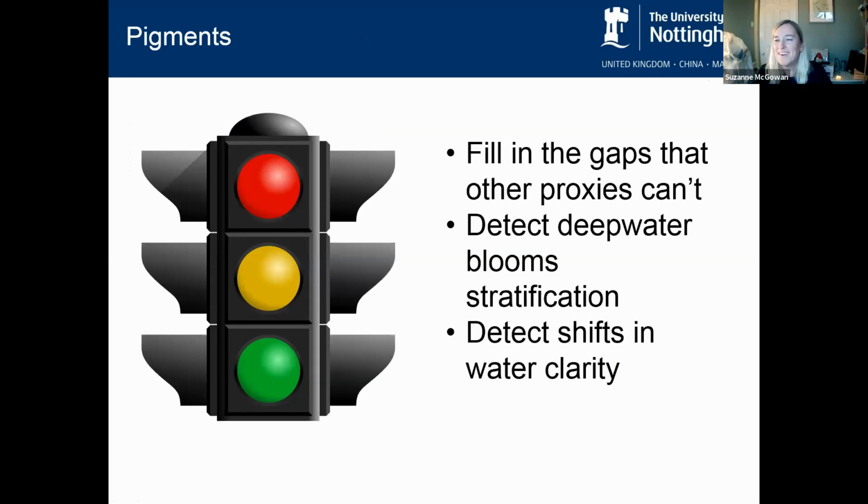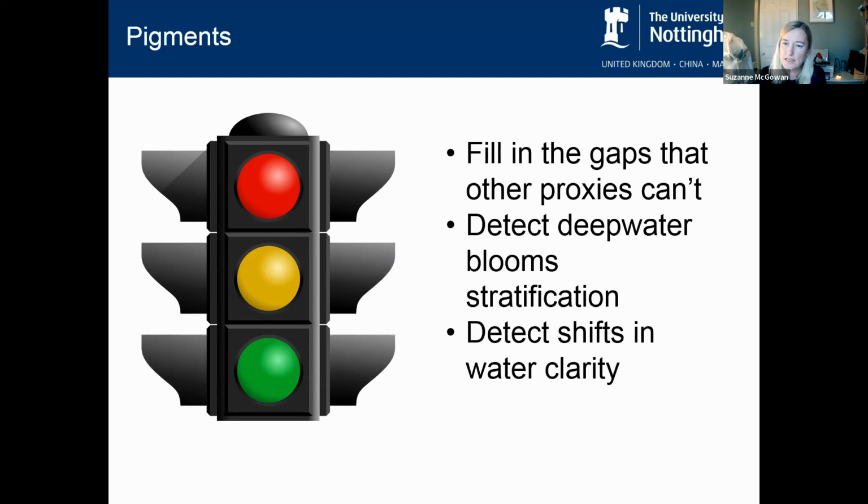So just to summarize some of the things that I think pigments are great for: they fill in some of the gaps that other proxies can't, particularly the cyanobacterial end of things, which is hard to detect quickly and simply using other proxies.